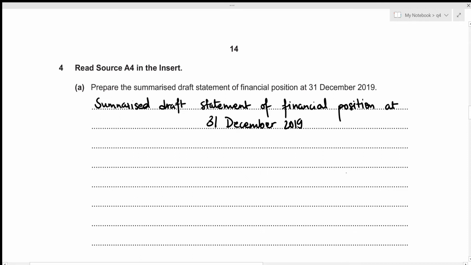Okay. So since this is a summarized draft statement of financial position, we will only be recording the main headings. So let's start with our assets section. We will have non-current assets and the current assets. And this will give the value for our total assets.